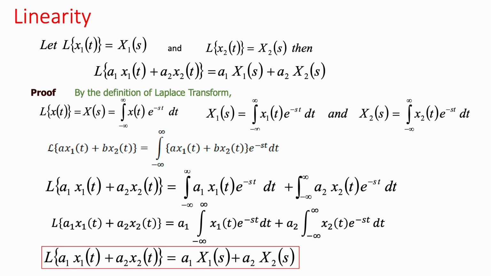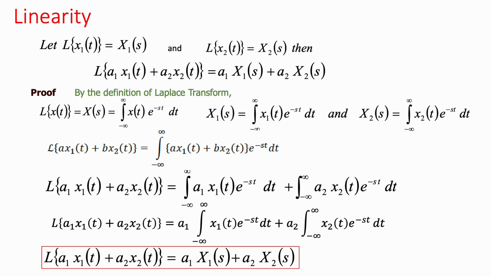This is the definition, so x1 of s is equal to this integral with x1, and similarly x2 of s can be written like this. Now we come to the proof part. The Laplace transform of a1 x1 of t plus a2 x2 of t, the whole thing you can take as a signal.